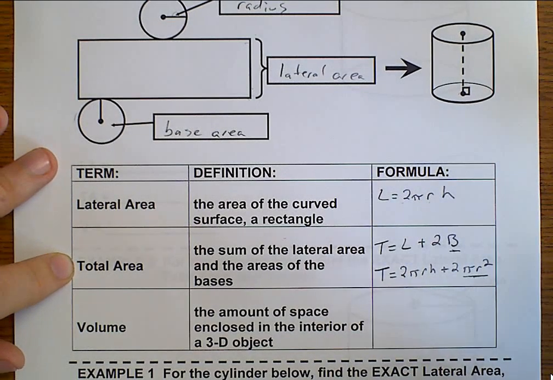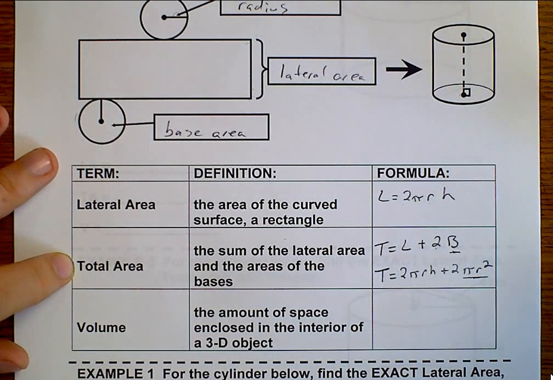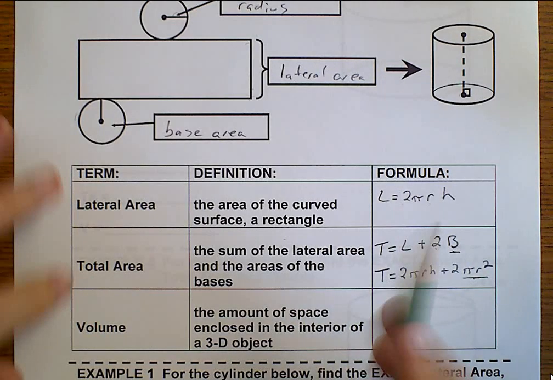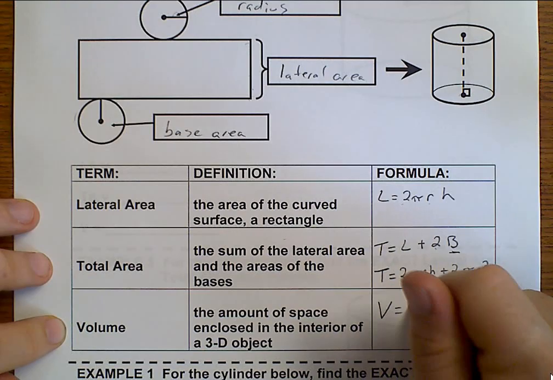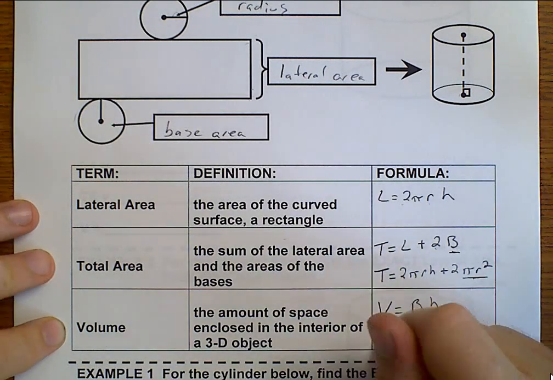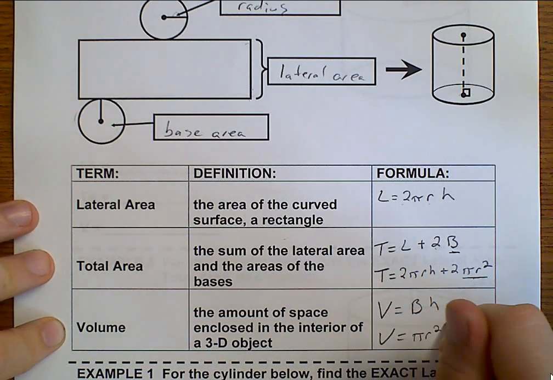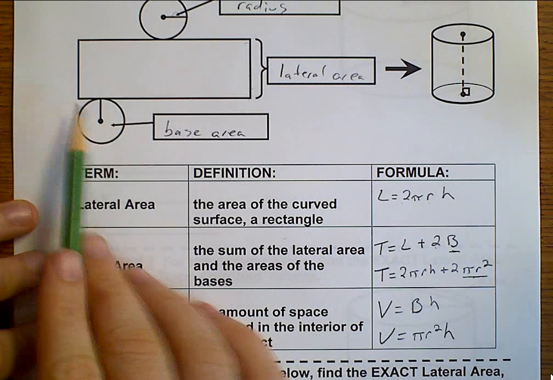And we have two circles, so that's why we need to multiply it by 2. Now for volume, to get the volume, we need the area of our base times the height. So that's going to break down into pi r squared h, which is just the area of the circle times the height of our cylinder.